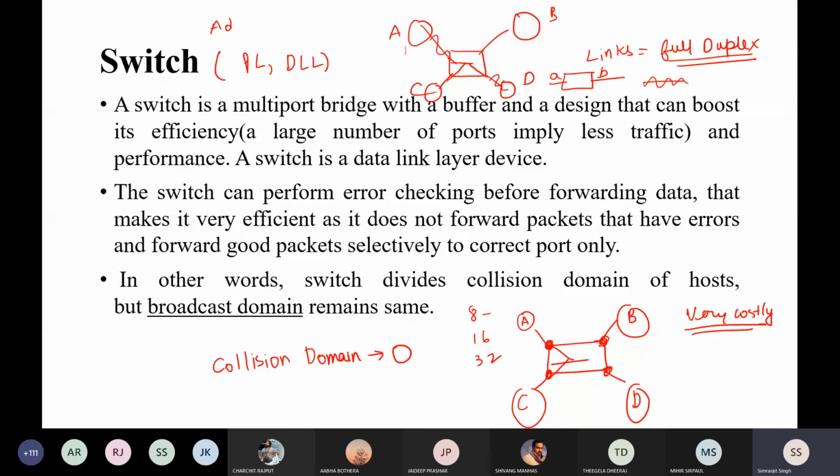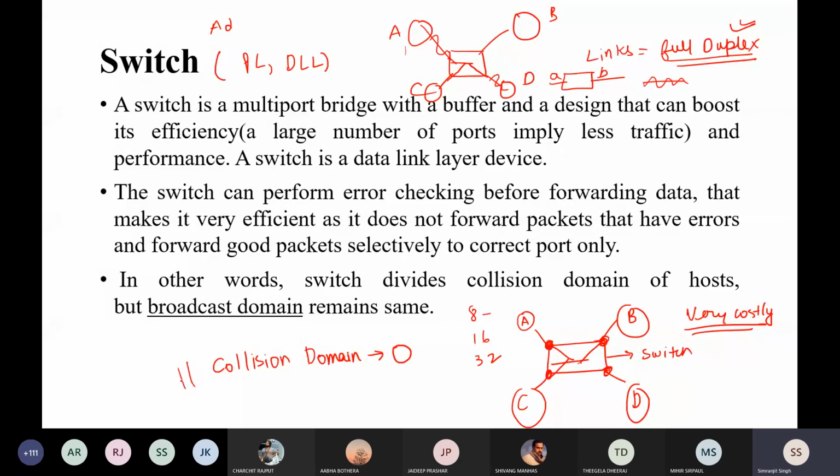If B wants to send a message to C, this circuit is completed, and the switch knows that B wants to send a message to C. Because the link is full duplex, it can send the message and avoid collision. This is also a very good advantage of the switch.